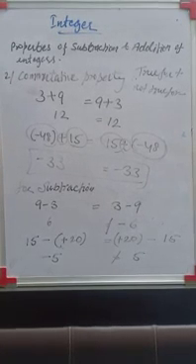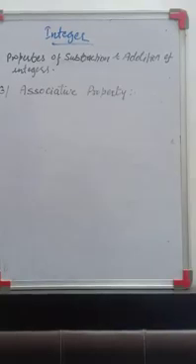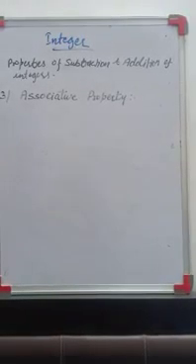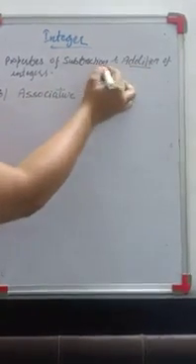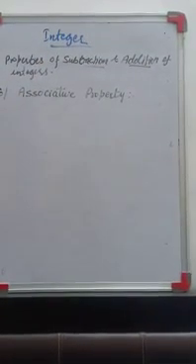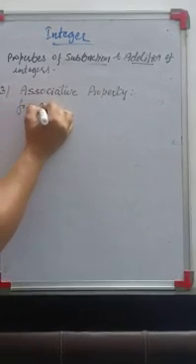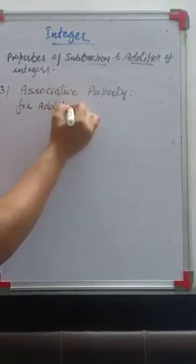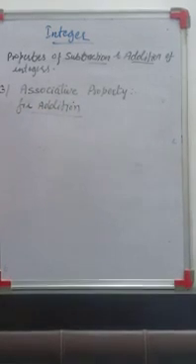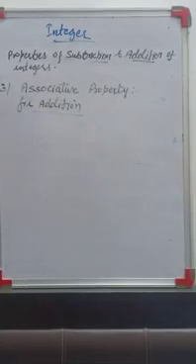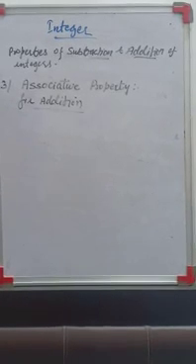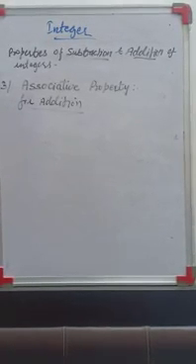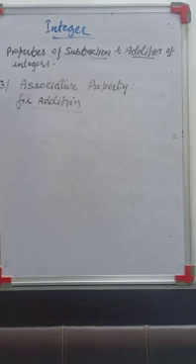Our next property is the associative property. Again, for the associative property, we will check for the addition as well as for the subtraction. Let's check for addition. In case of the associative property, we need to check the grouping, right? Whether the grouping affects the addition or not, whether the grouping affects the subtraction or not.